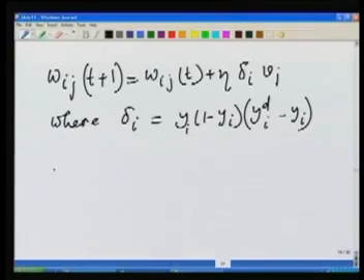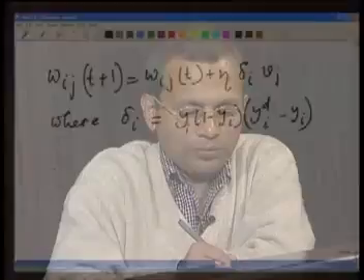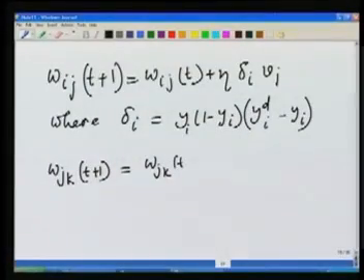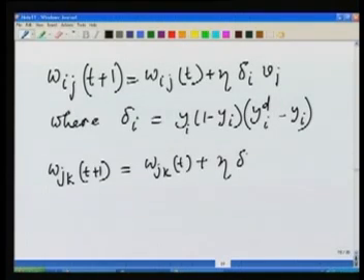Okay. So, I will not now derive the next update equation that is required for the weights between hidden layer and input layer, which is W j k t plus 1, which also has a similar formula, that is W j k t plus eta delta j x k. You can just take a little pain to find this out.